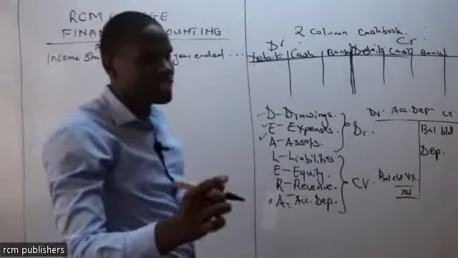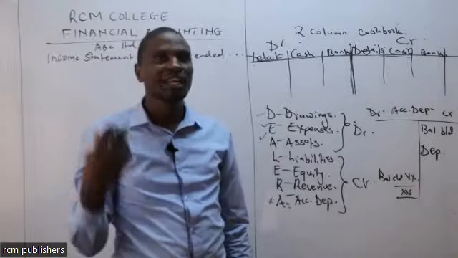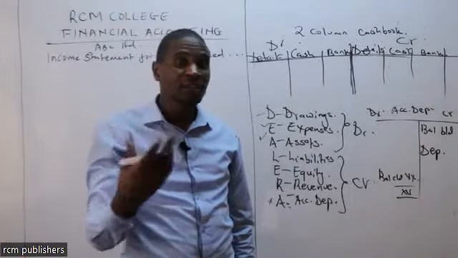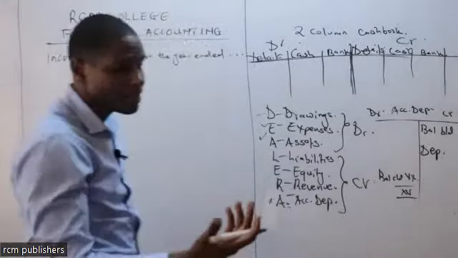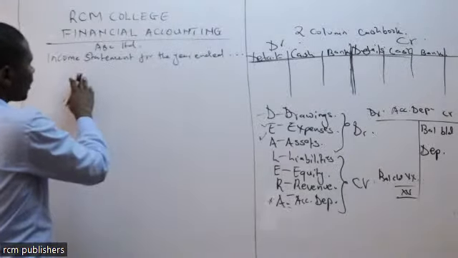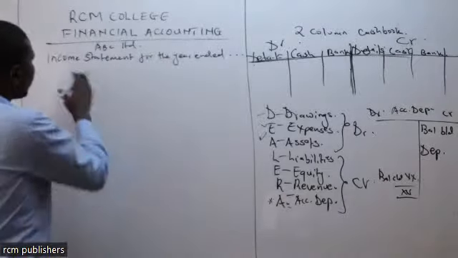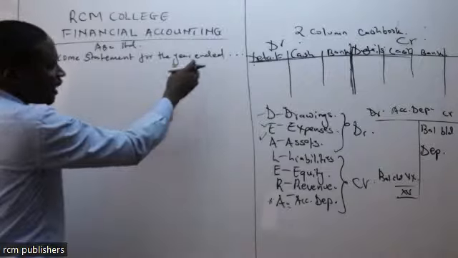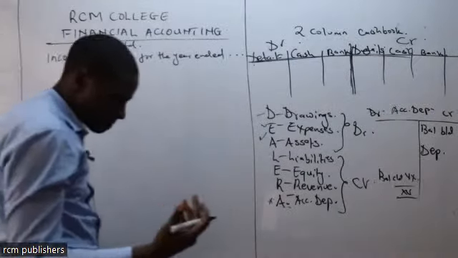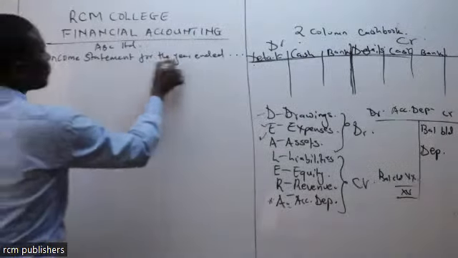Please note the difference between the income statement and the balance sheet or statement of financial position. When writing the heading, when marking, we find that some students are writing ABC Limited financial statement, statement of financial position for the year ended, or income statement as at. You see, the income statement is prepared for the year ended.